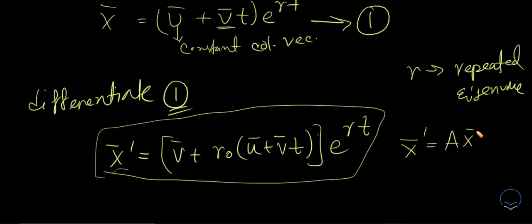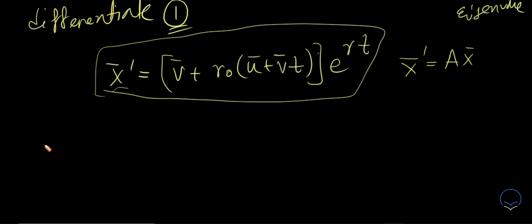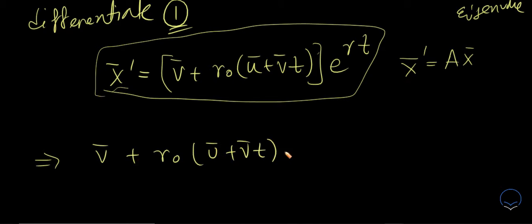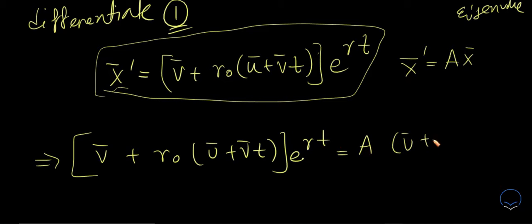So if you do that, the left hand side will be v bar plus r times u bar plus v bar t, e to the power rt, equals A, and x bar will be just u bar plus v bar t, e to the power rt, right? And this e to the power rt is never 0, so we can cancel that out.